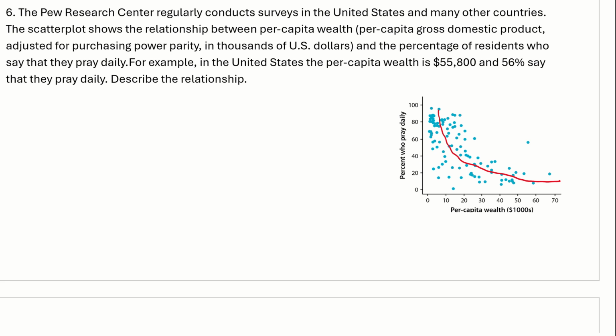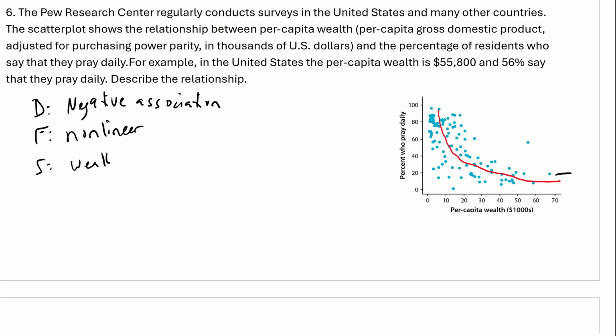It's kind of loose, so I would say it's fairly weak, but it is non-linear. The direction is negative. It's going down for sure, so it's a negative association. The form appears to be non-linear. The strength appears to be weak, or fairly weak, right?